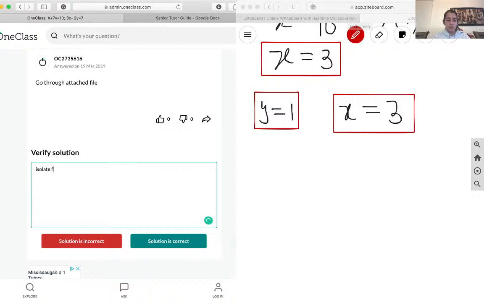So again, we just have to isolate for one of the variables. That'll be our first move, to isolate for our variables.